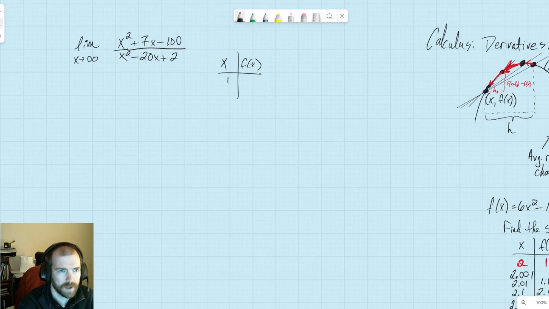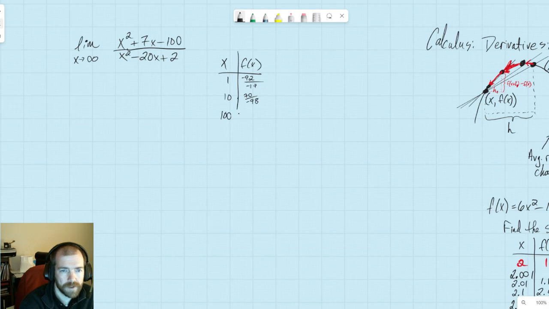Alright, 1 was going to be negative 92 over 3, which is negative 17. So 10 was going to be 70 over negative 98.